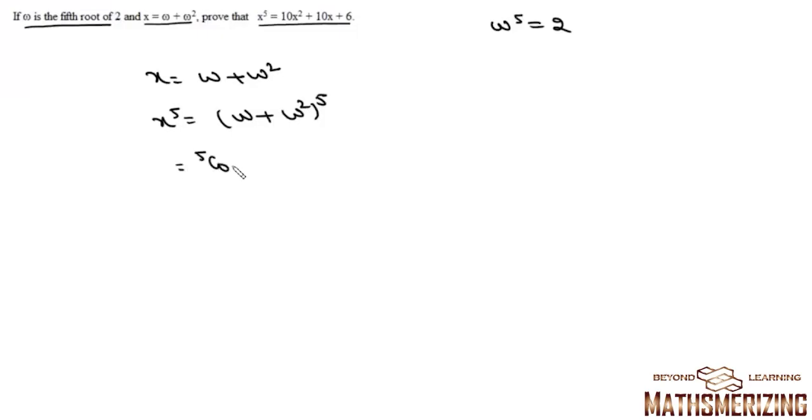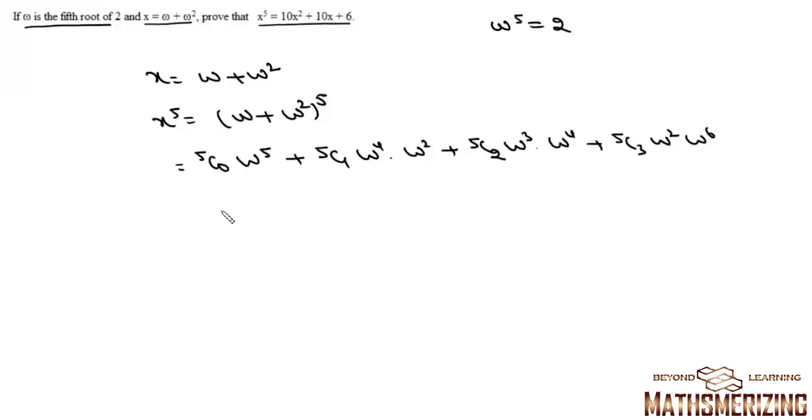It will be 5c0 omega to the power 5 plus 5c1 omega to the power 4 into omega square plus 5c2 omega cube into omega to the power 4 plus 5c3 omega square into omega to the power 6 plus 5c4 omega into omega to the power 8 plus 5c5 into omega to the power 10.